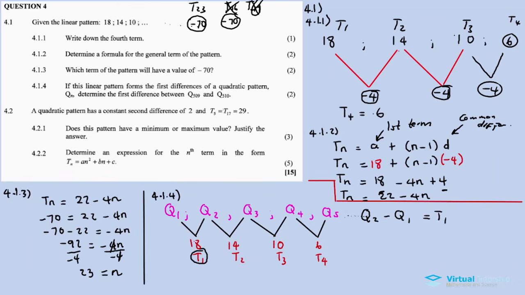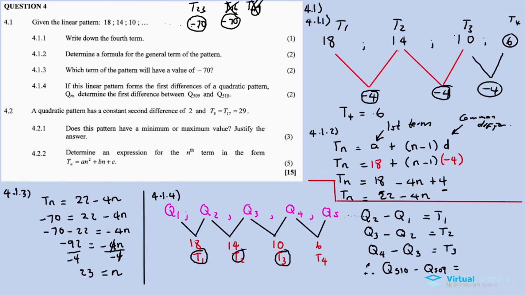Then I subtract Q3 minus Q2 and I get T2, which is the second term in this linear pattern. I continue, subtracting Q4 minus Q3, I get T3, right? Therefore, when I subtract 510 minus 509, take a guess, which term number will it be in our linear pattern? Think for a moment.